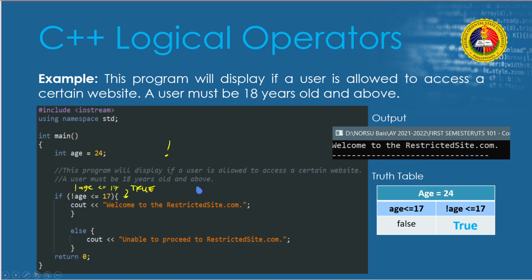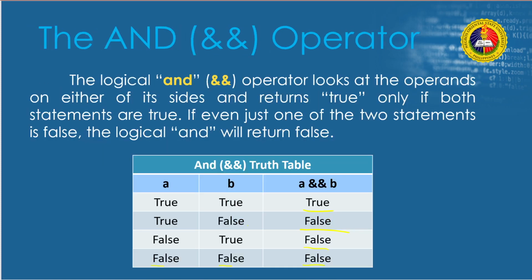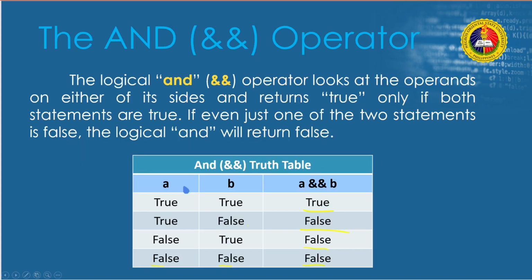Do you have any questions so far with the logical operators? Just make sure to take a look at the truth table. That's probably the easiest way for us to understand how to create conditions using the different operators. So again, for AND, both A and B should be true so that the statement is true.